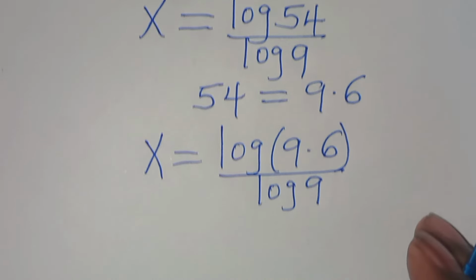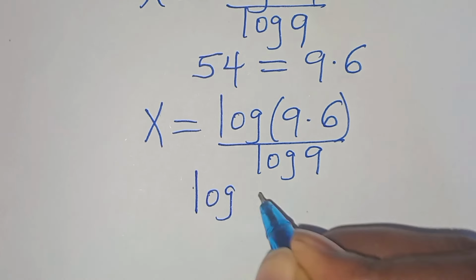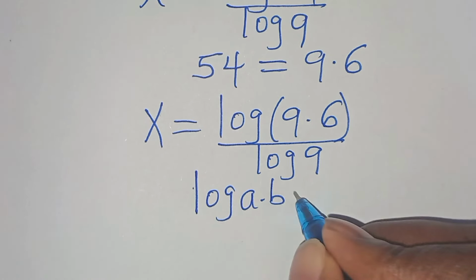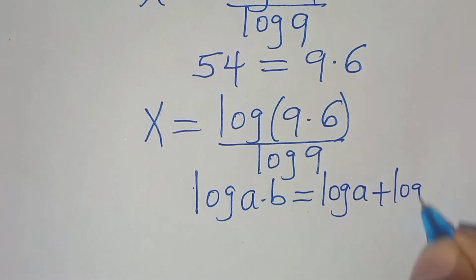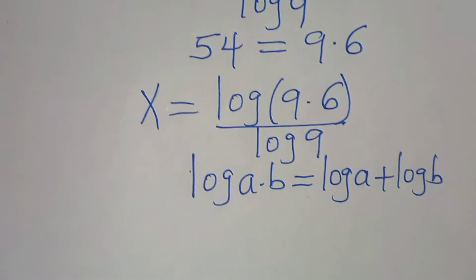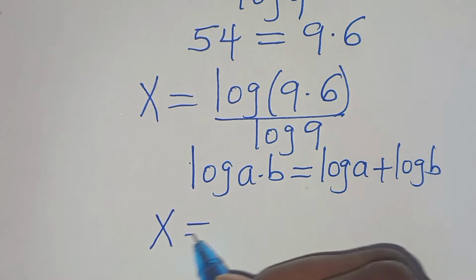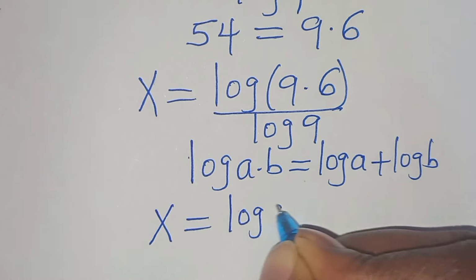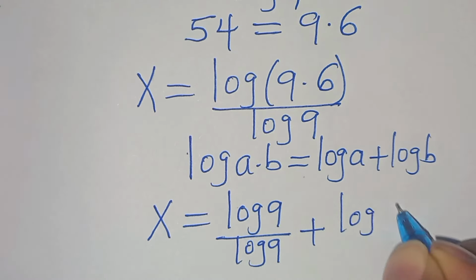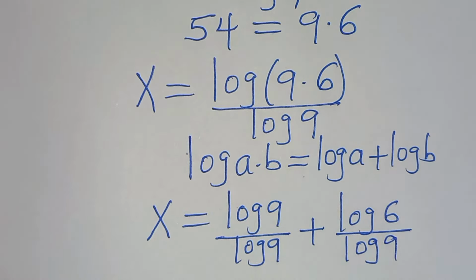Now, the next step is that log 9 times 6 is in the form of log a times b, which we can express as log a plus log b. Now, applying this logarithm property, we have that x is equal to log 9 divided by log 9, plus log 6 divided by log 9.